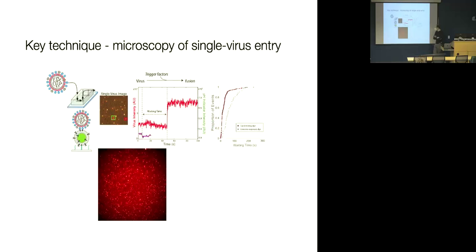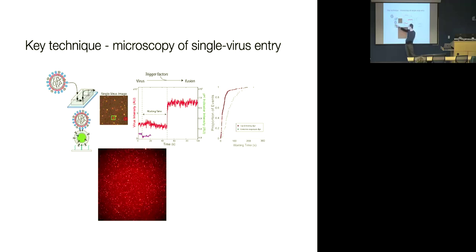So to test this, we turn to what's really a workhorse technique in our group, which is single virus optical microscopy. And the way this works, I'll tell you about a few variants of it, but we take virus, usually infectious virus, and add it to a microfluidic chamber where we've immobilized target membranes next to a surface.